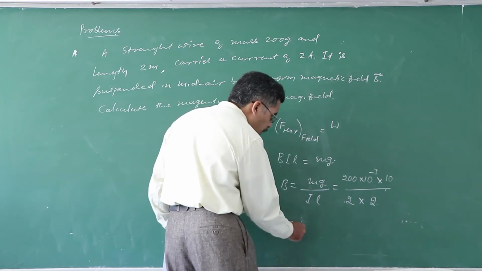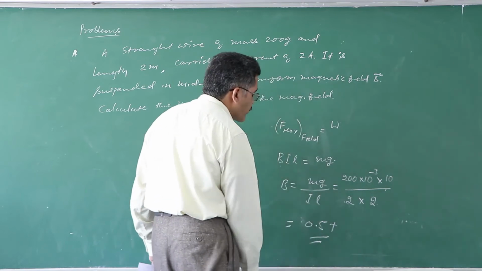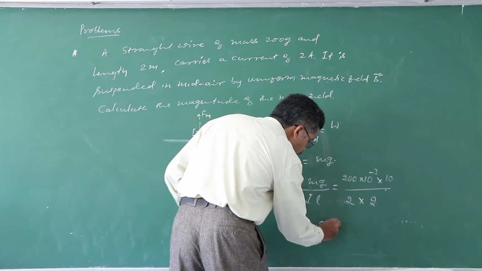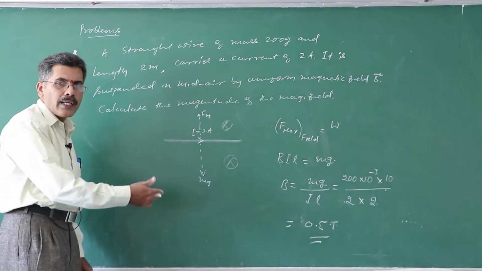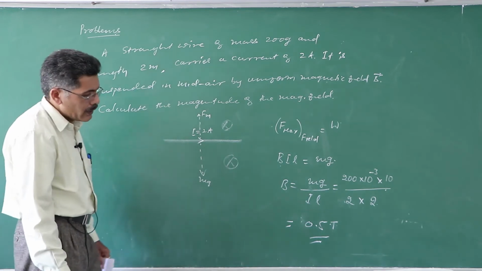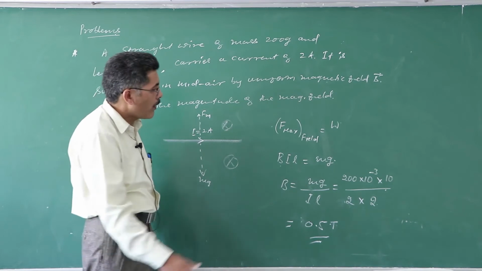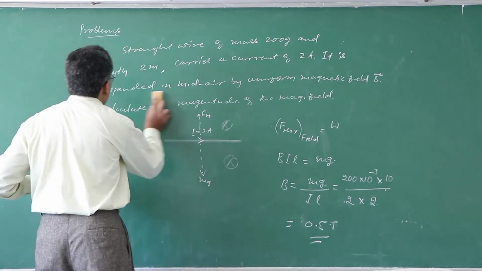You are going to get 0.5 Tesla. This can be easily done in laboratory conditions. Just by applying 0.5 Tesla, you can make the wire float in air if you pass a current of 2 ampere through the conductor.